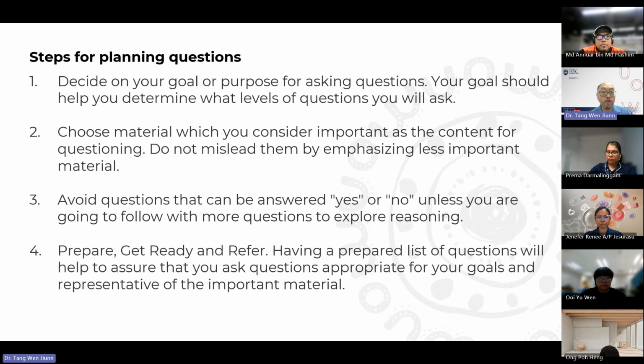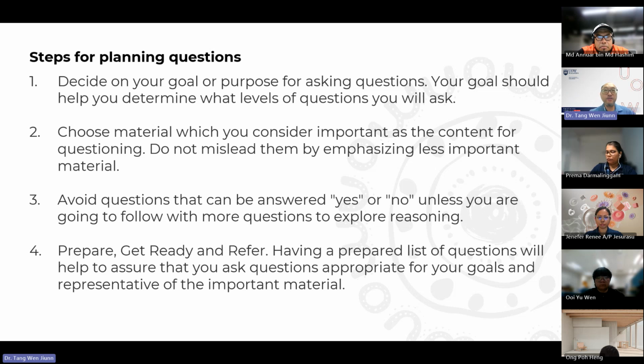Choose materials which you consider important as the content for questioning. Do not mislead them by emphasizing less important materials. So this goes back to what I mentioned earlier, the need to know and the good to know. Earlier I mentioned you have examples, that kind of thing.